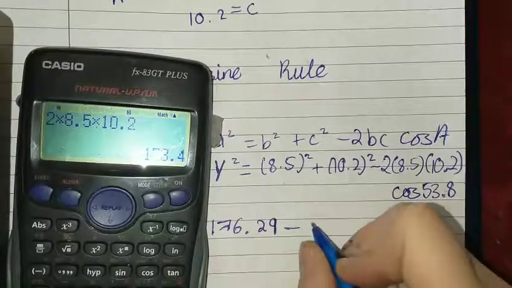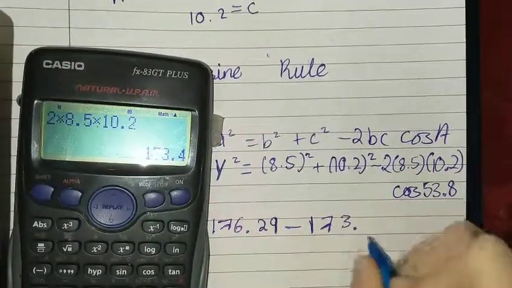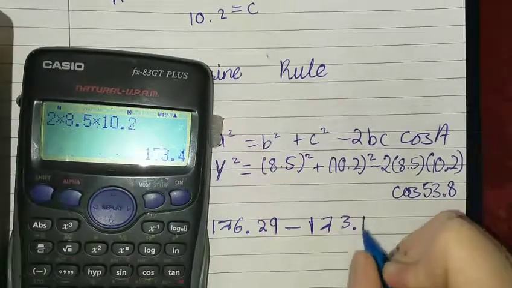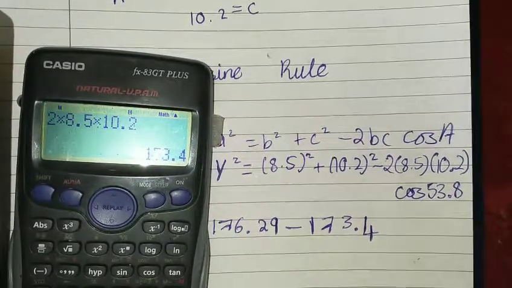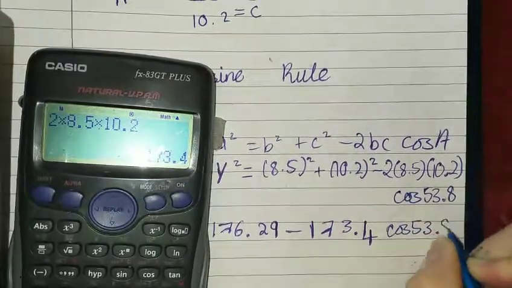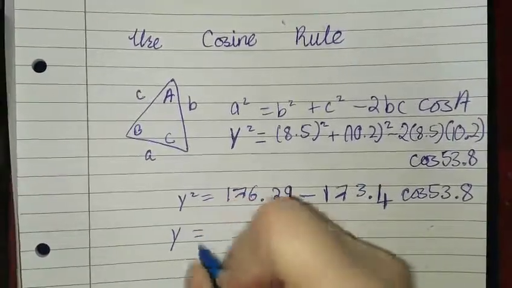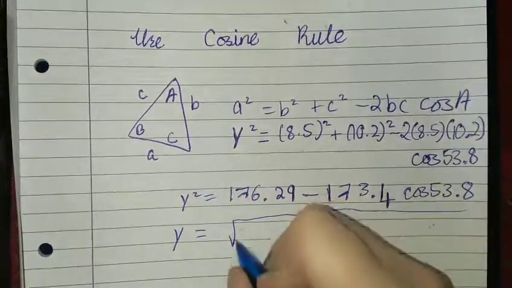So then I get minus 173.4, and then that's going to be cos 53.8. So if I want to get y by itself, I can get the square root of both sides.